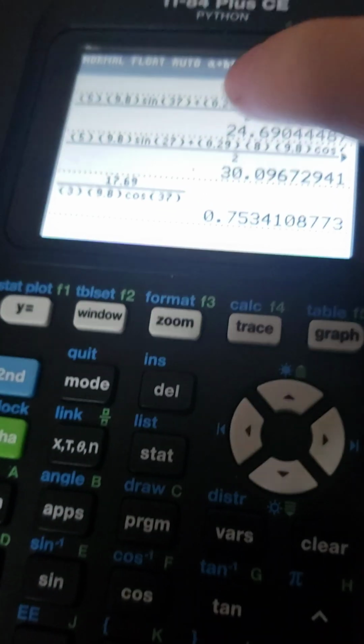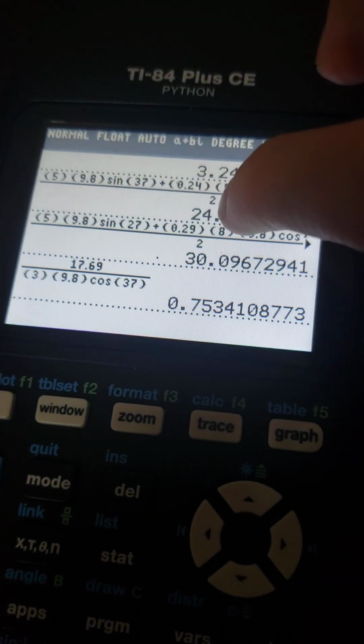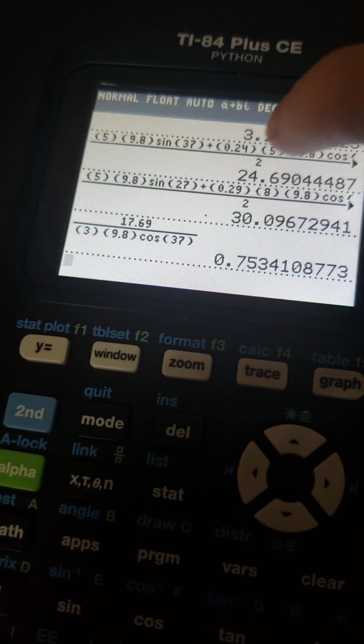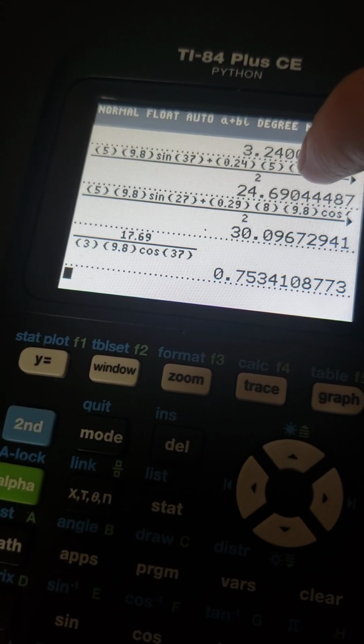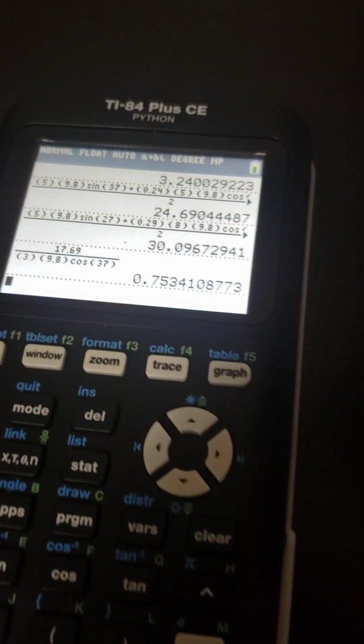And now we just need to solve that. We're taking the direction going this way to be positive. So we should get, if you look at the calculator, 24.69.